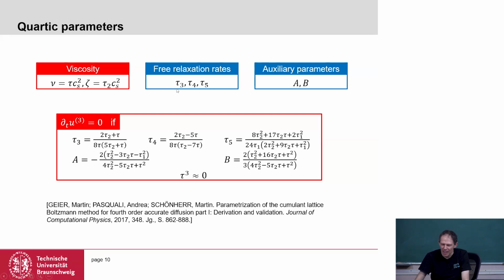Okay, so we only have this third order relaxation rates, which you find all have to be put to different values. All of them have to be put to a different value in order for them to actually work.